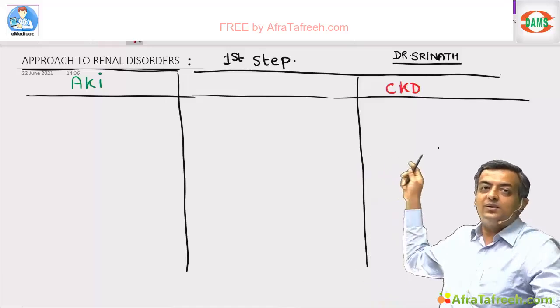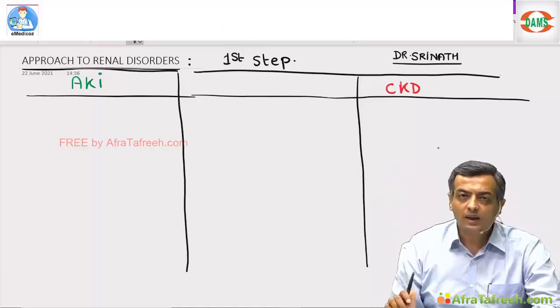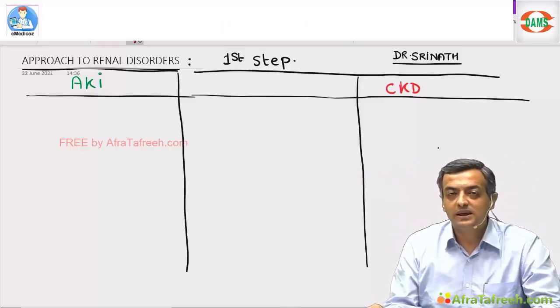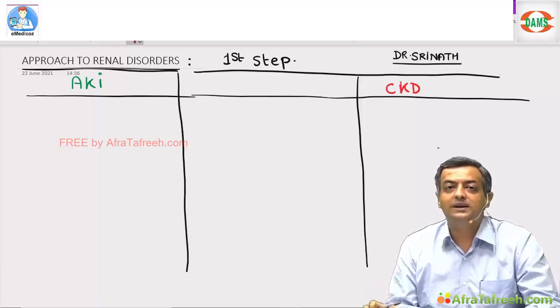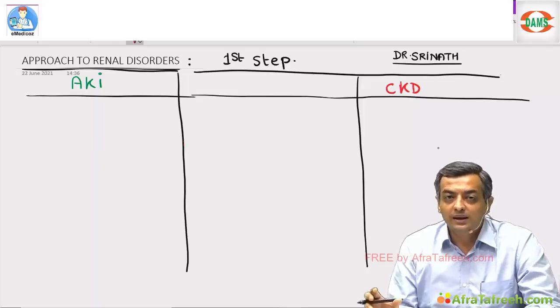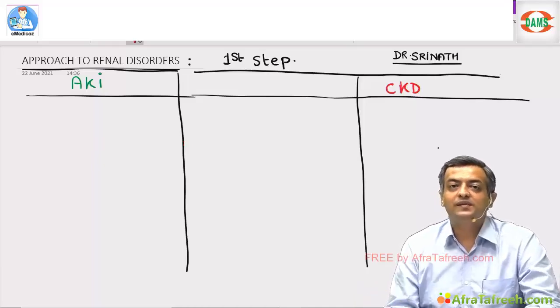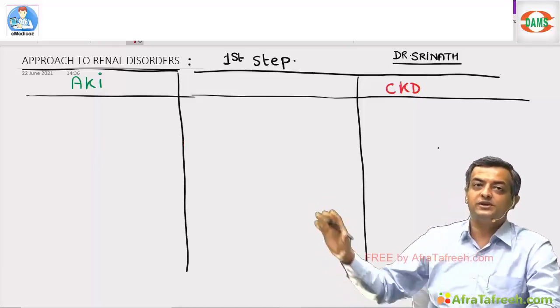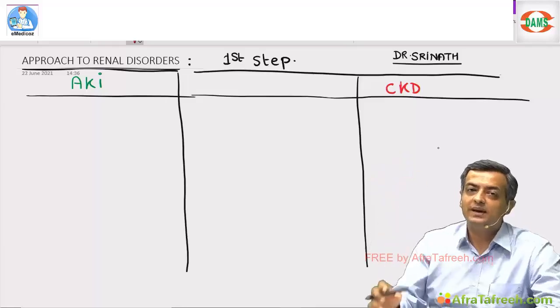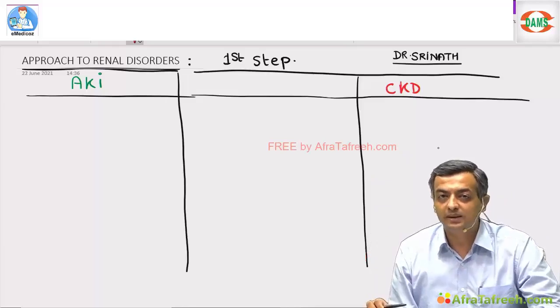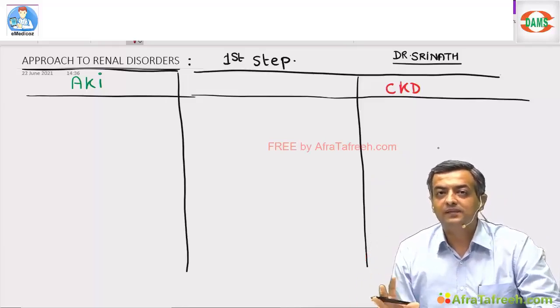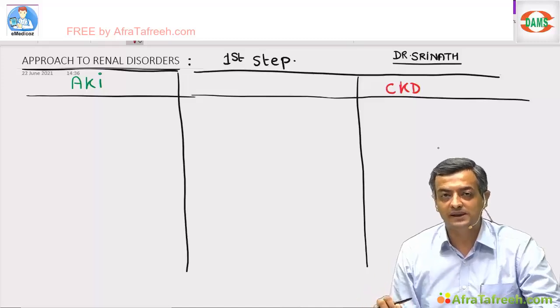But when you look at chronic kidney disease, the duration of the disease is already more than 3 months. So unless there is a serious manifestation, most patients with CKD can be managed in the outpatient department. So there is a different approach to the management of the disease.